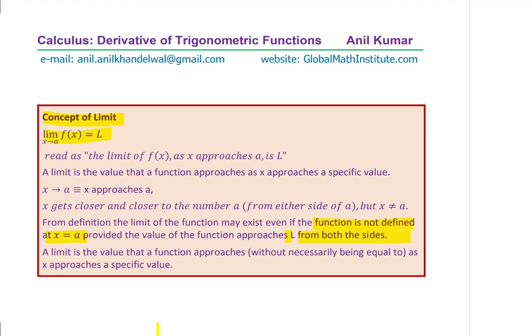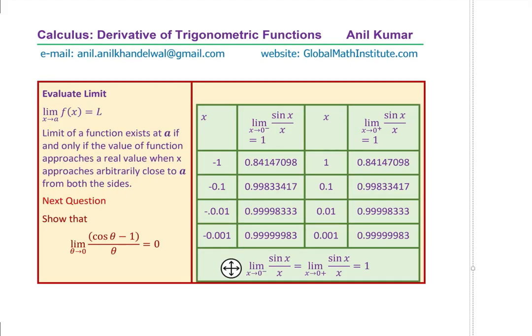Now let's see, how do we find the limit of our function sine x over x? As the definition explained, we'll now find the limit for sine x over x. Let's relook into the definition. The limit of a function exists at a if and only if the value of the function approaches a real value when x approaches arbitrarily close to a from both the sides.